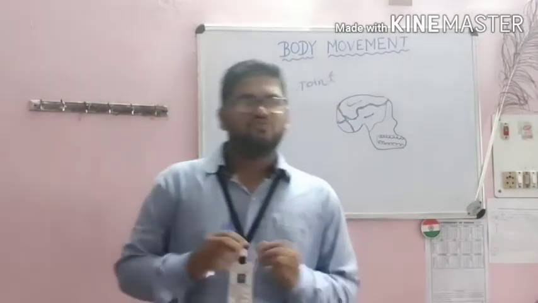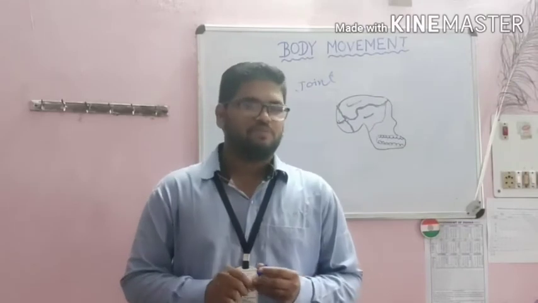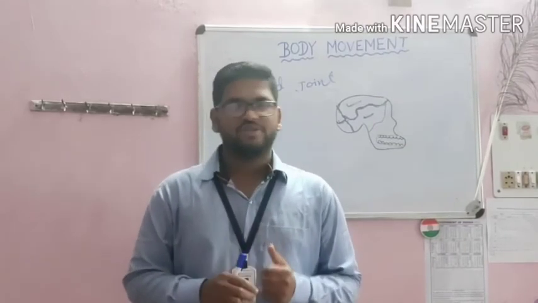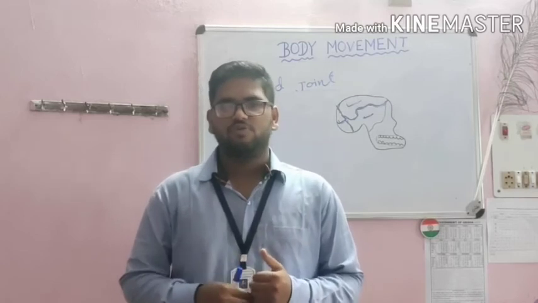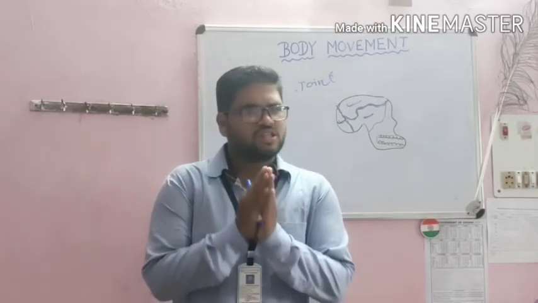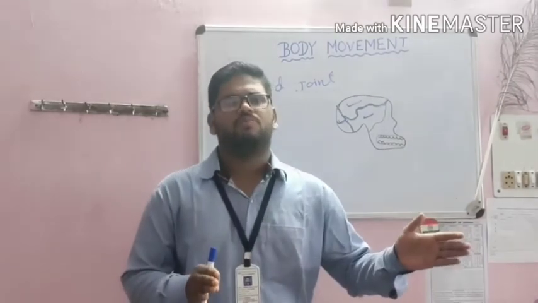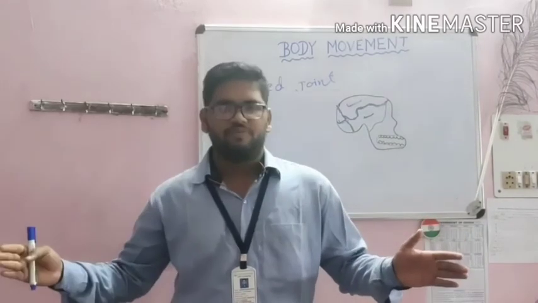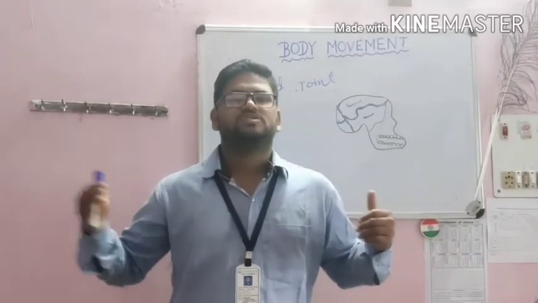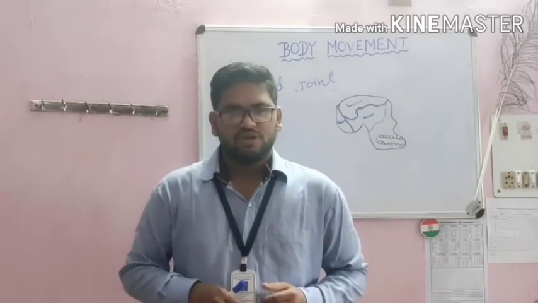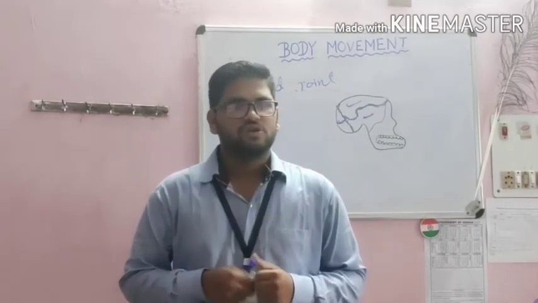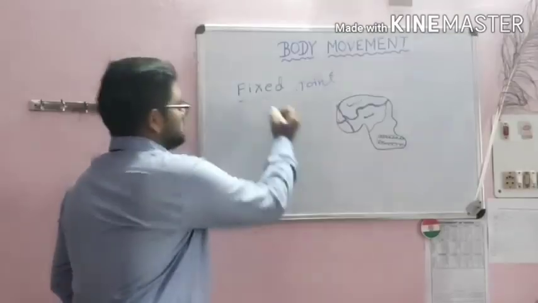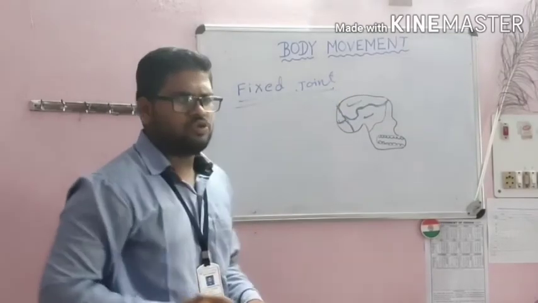So now we will learn about the fourth type of joint that is present in the human skeletal system. It is the fixed joint or immovable joint. It is rigid from the very beginning of birth until the death of a person, if no external force is applied to it. The bones which are attached by this joint never move. So this is called fixed or immovable joint.